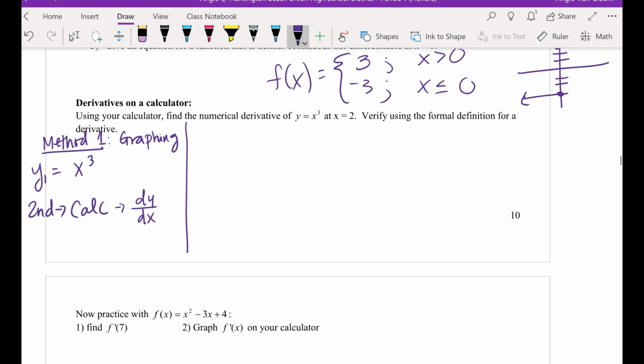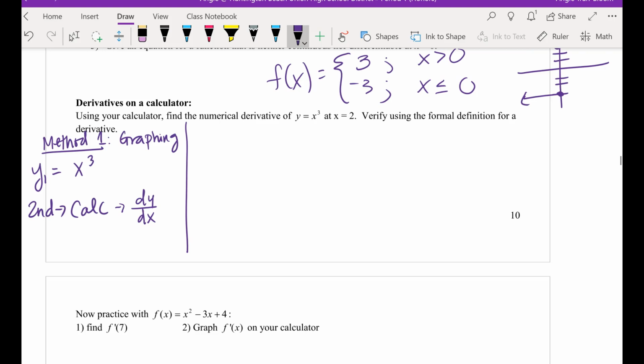Select y, yes. Okay, good. Once you selected dy/dx, guess what? How did we find the value before? Anybody remember?